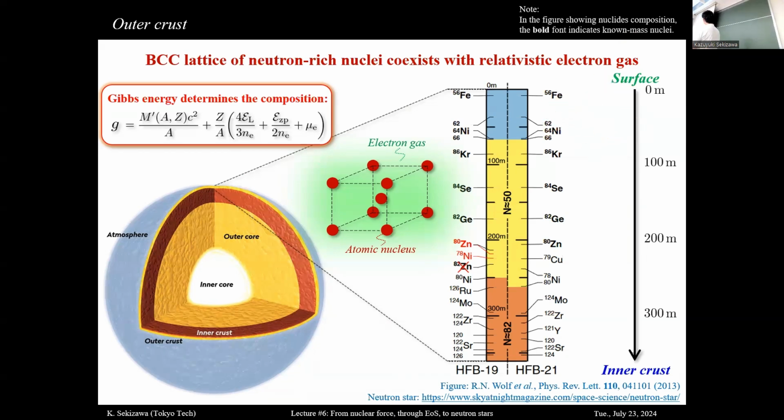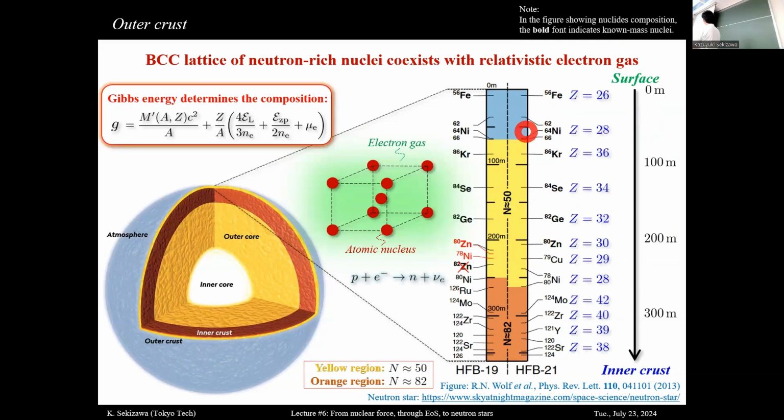But as we go down, the neutron richness increases, and together with the number of neutrons, the number of protons also increases. We have nuclei with atomic number 26 to 30, 40, 42, or something like that. Those nuclei are forming a Coulomb lattice inside the outer crust.